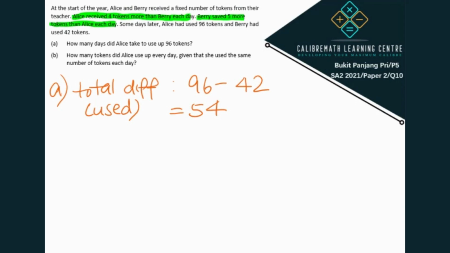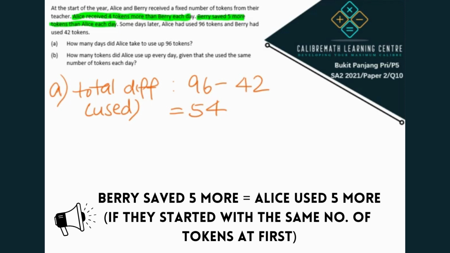Since we know that Barry saved 5 more tokens than Alice every day, Alice must have used 5 more tokens than Barry if they receive the same number of tokens every day. It's not the case because we are given that Alice received 4 tokens more than Barry every day.